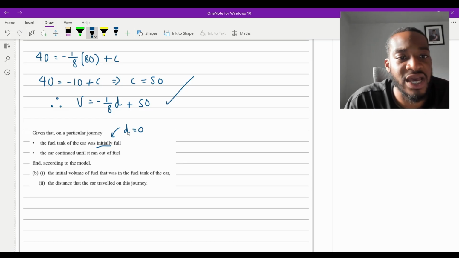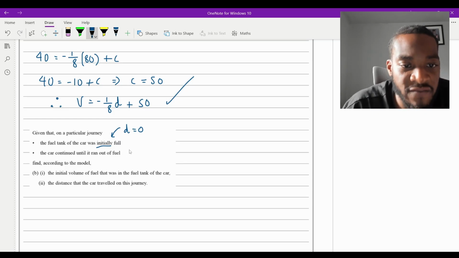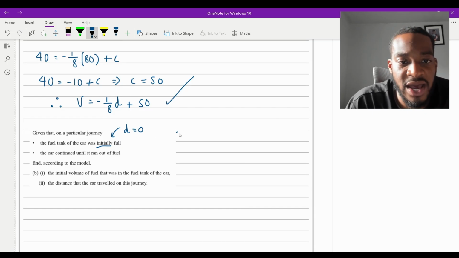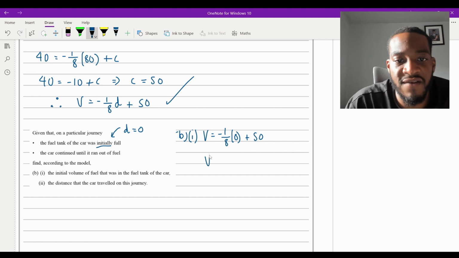So I can use this to calculate what V is, and this is the initial volume. I know that D is going to be 0, so V is going to equal minus an eighth times 0 plus 50. So that just means that V is equal to 50. Therefore, the initial volume of fuel is just 50 liters.